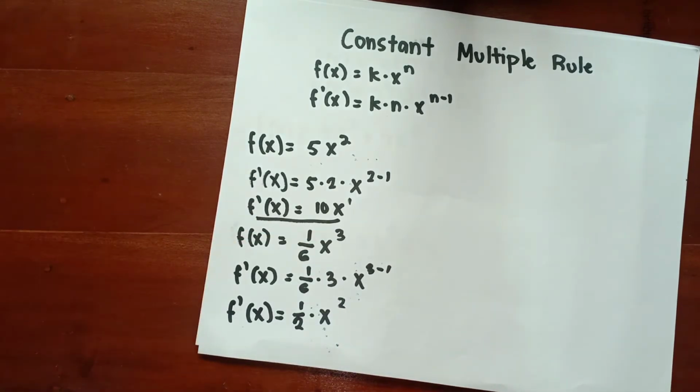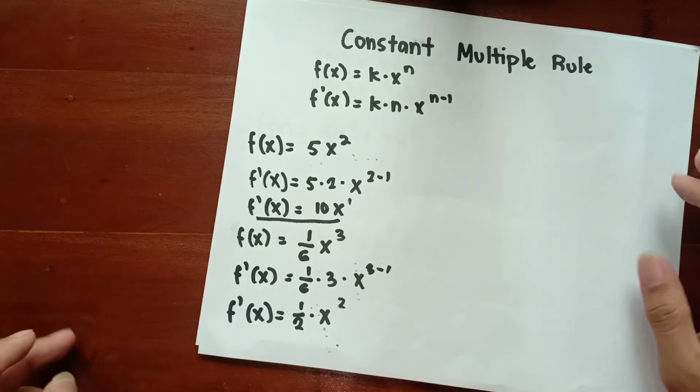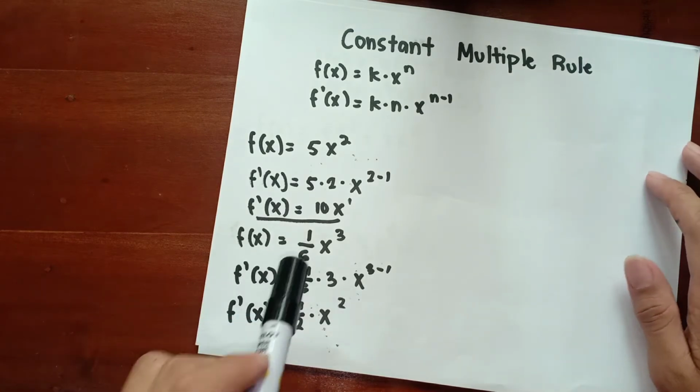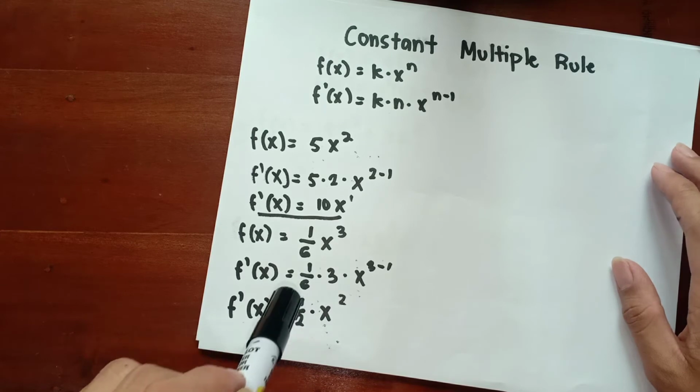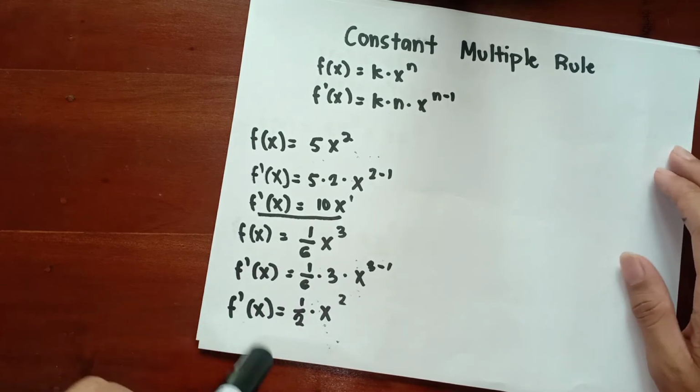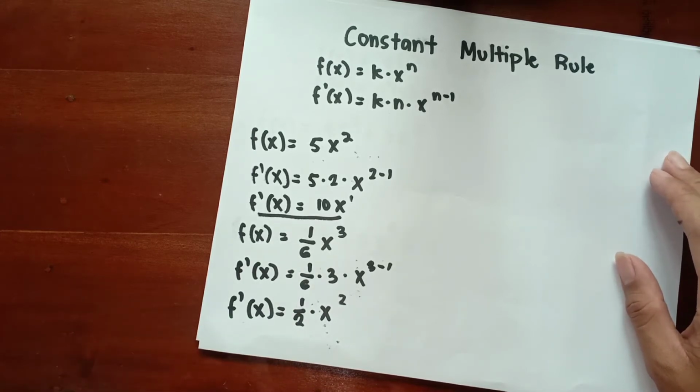So that's the derivative of the function f of x equals 1 over 6 multiplied by x cubed.